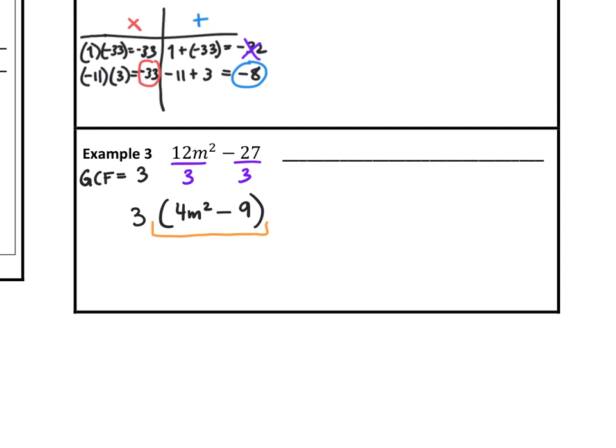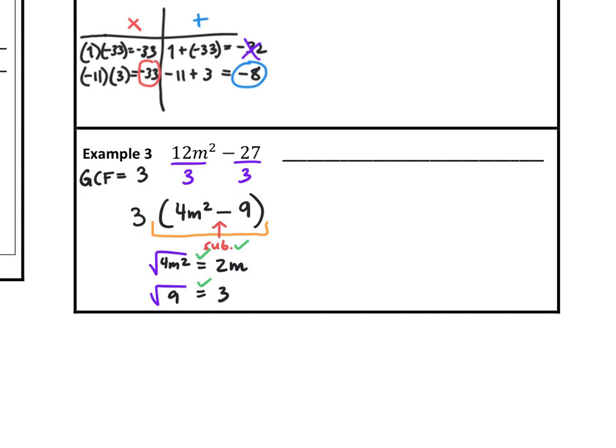And so again, we got to check, is what's in parentheses, is that a special situation? And it looks like it might be a difference of squares. So we got to check, is there subtraction happening? Yes. Then we got to check, can I square root the first and the last? Yeah, I can square root 9 and I get 3. Square root of 4 is 2. Square root of m squared is m. So I can square root that one as well. So everything checks off here.